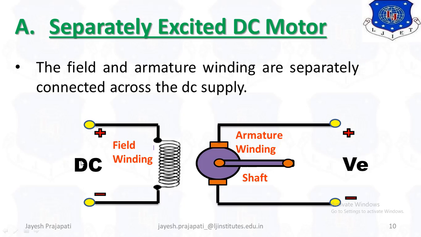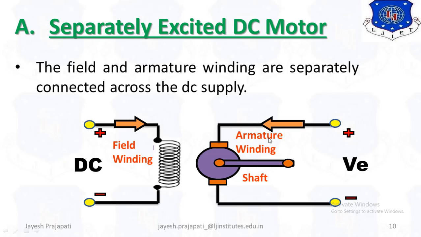Due to the external DC supply, there is a current flow through the field winding and armature winding. This current is shown by the arrow lines. The field current produces a magnetic field that is cut by the armature conductor.